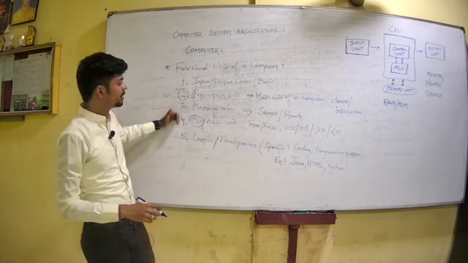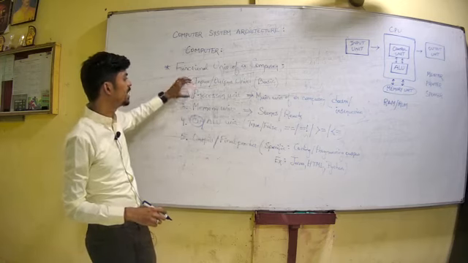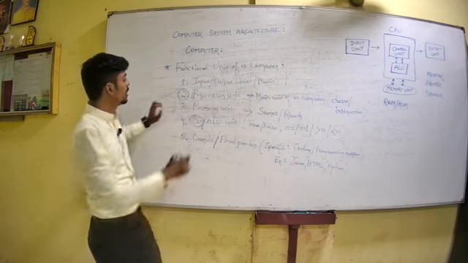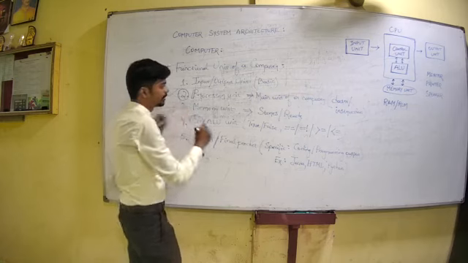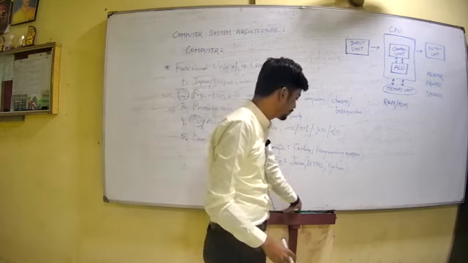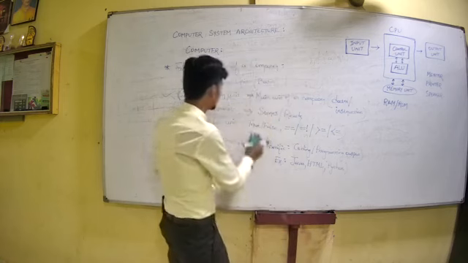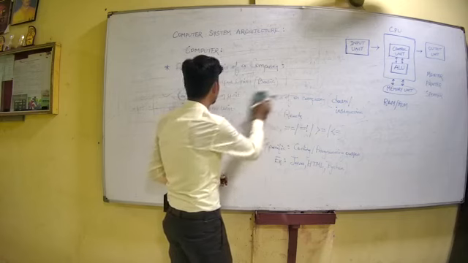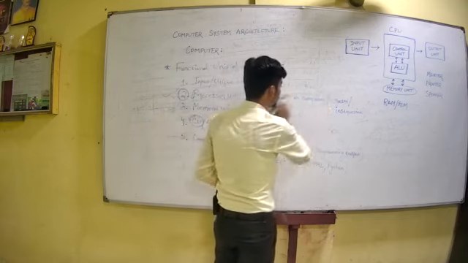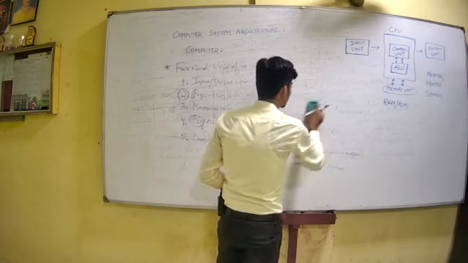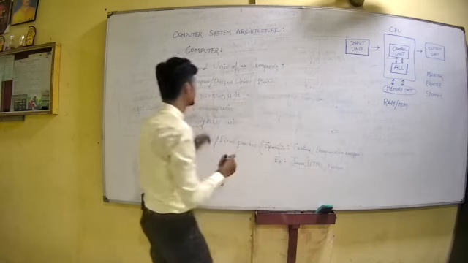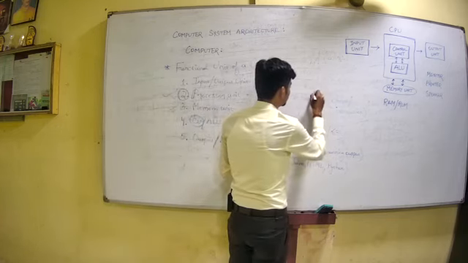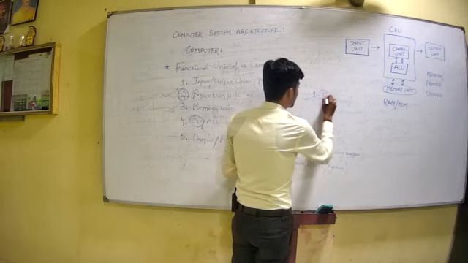In all the units, if we go deeply, we have various parts inside. Particularly in the memory unit, we have two types of memory. So I am now going to briefly describe the two parts of the memory unit inside a computer. The first part is primary.